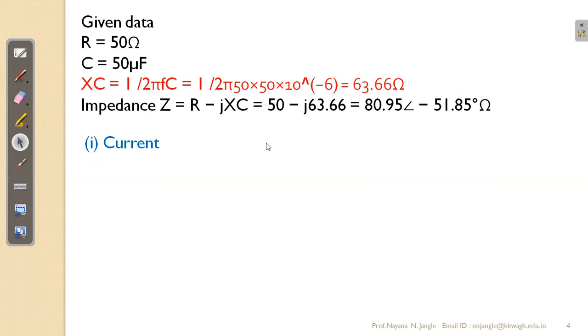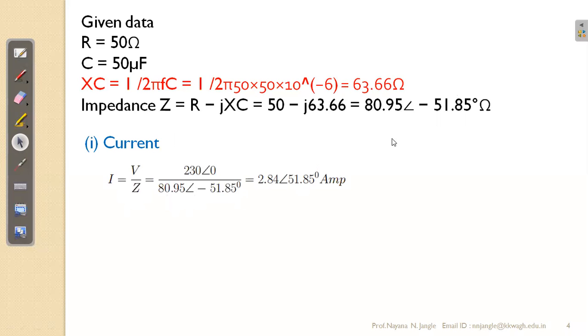The first parameter we have to calculate is current. Current is the ratio of voltage upon impedance, because impedance is the total resistance offered by the circuit. So I is equal to V upon Z, equal to 230 at an angle 0 degree upon 80.95 at an angle minus 51.85 degree.